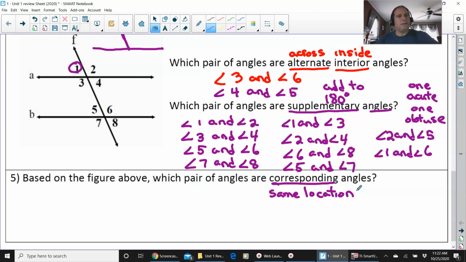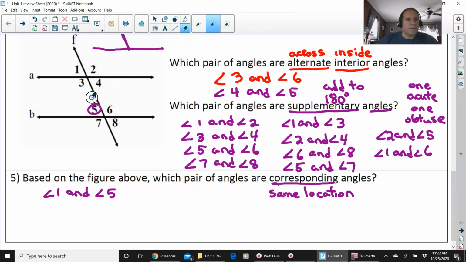So say 1 is here, that's in the upper left hand side. 5 is in the upper left hand side on the bottom. So I'll give you those two. Angle 1 and angle 5. Same location.